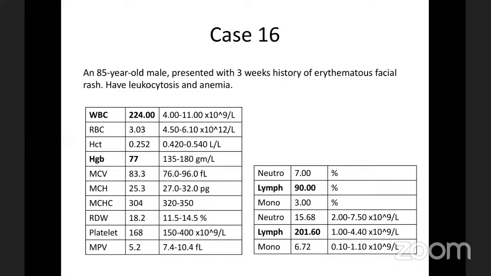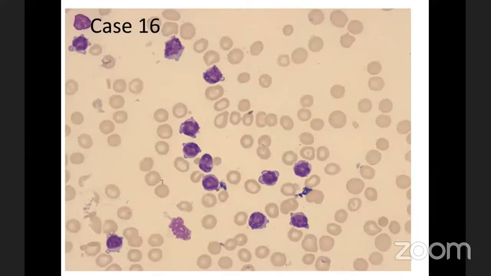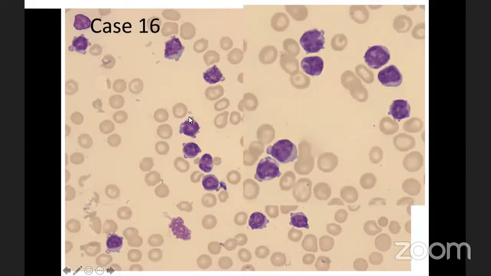We don't have reported circulating blasts, erythematous facial rash. So we have small lymphocytes, mature looking, clumped chromatin, prominent nucleoli, cytoplasmic blebs or projections. Very characteristic.